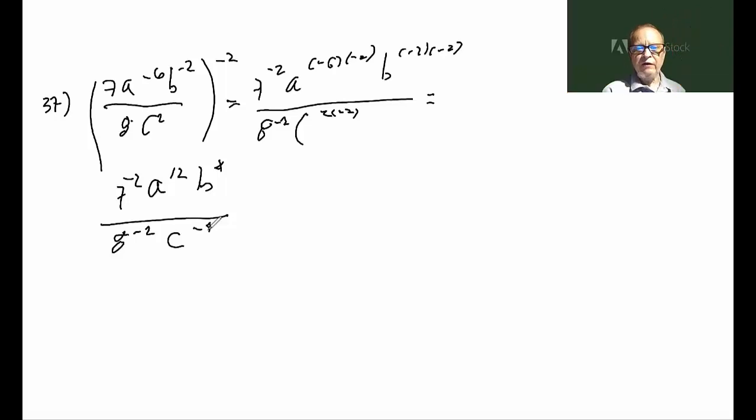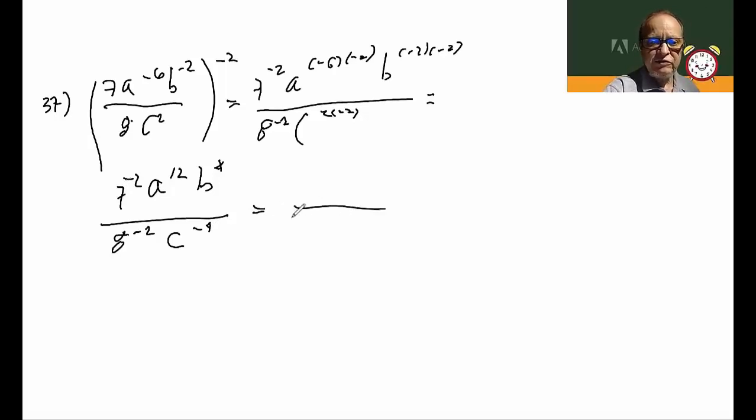So now we have to start getting rid of those negative signs using our negative quotient rule. So we'll have to bring the 7 downstairs. So we'll have 7 squared. The a to the 12, well, that's okay. The b to the 4th, that's okay.